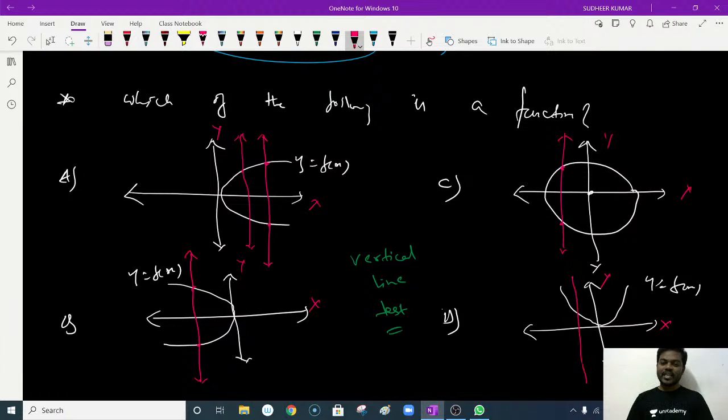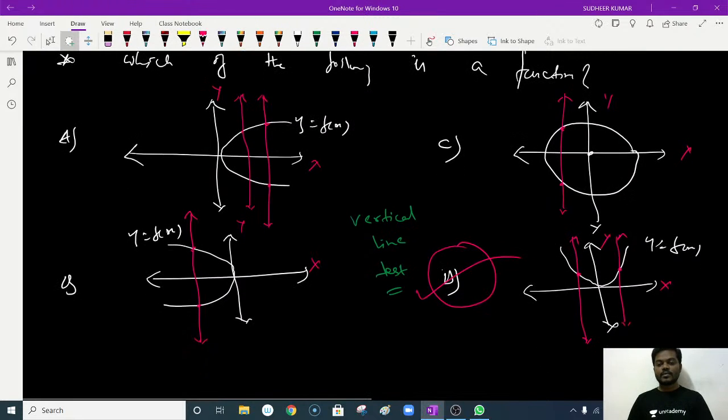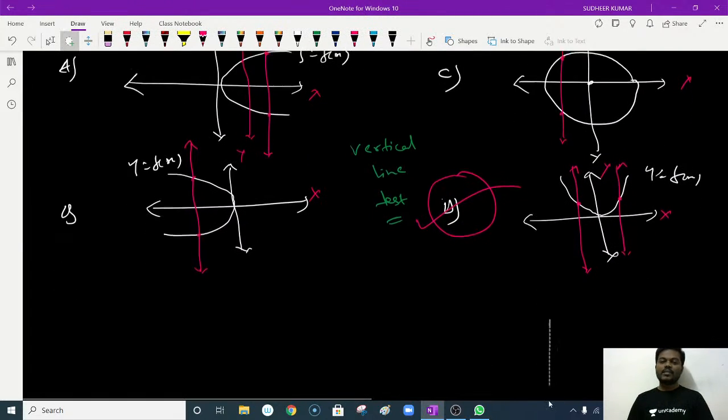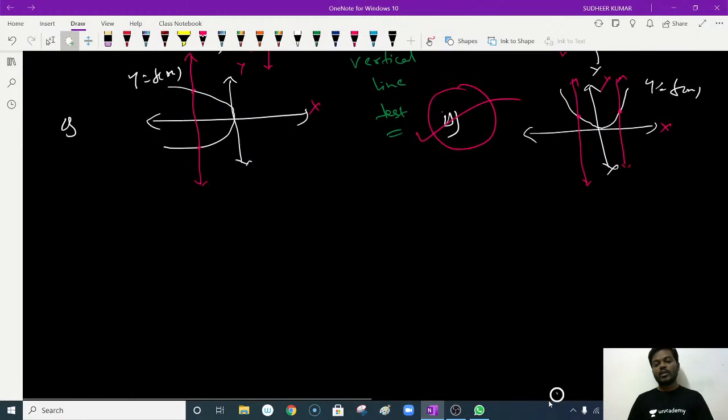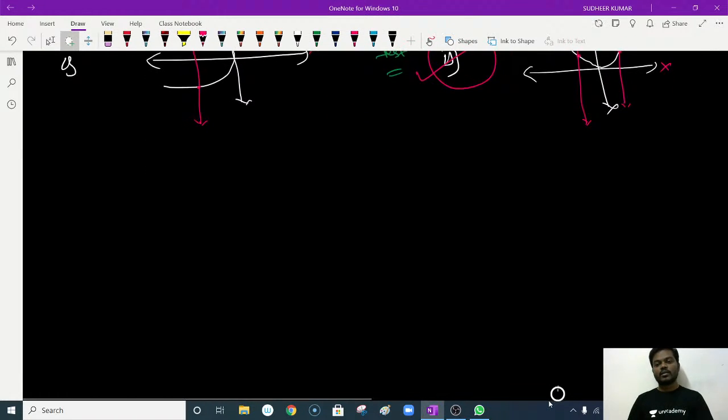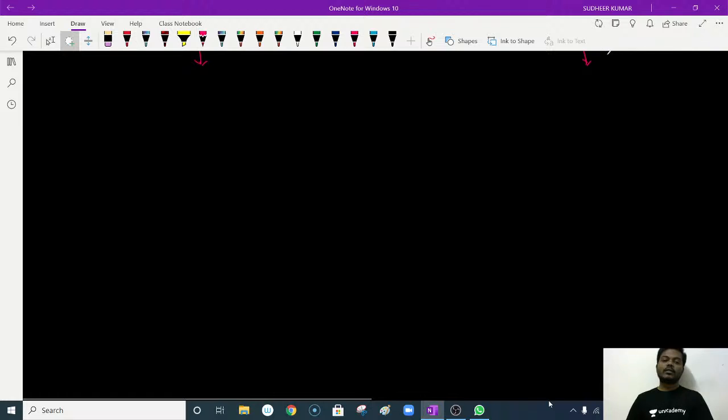If you draw the vertical line parallel to y-axis in its domain, it is intersecting at only one point, so this is a function. So option D is the correct answer. Is it clear? Next, based on the vertical line test, we can find out whether the given graph is a function or not. Now let us see the components of the function.